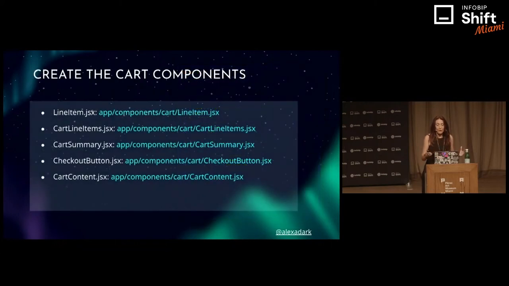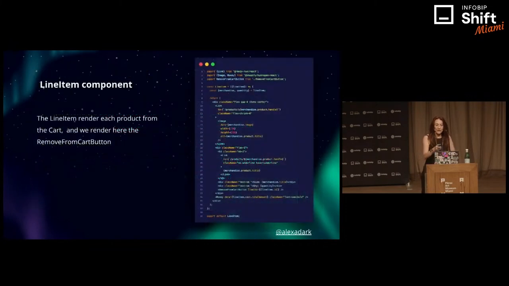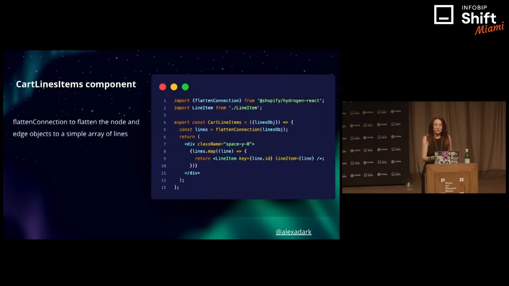Now, I have all the data to build my UI components. The line item renders each product from the cart, and we also render here the remove from cart button. The cart lines item component uses a utility from Hydrogen React, flattenConnection, which flattens the nodes and edges object to a simple array of lines.